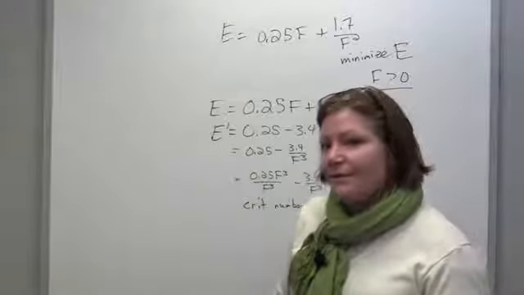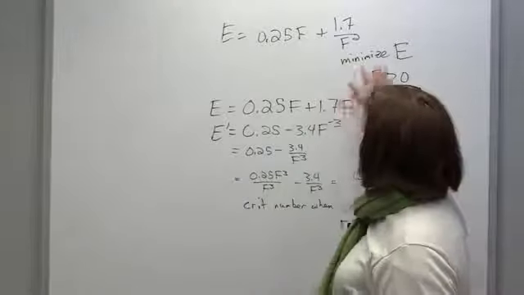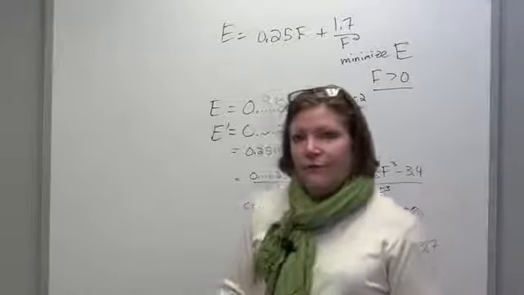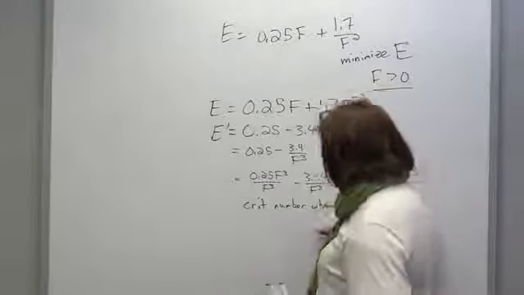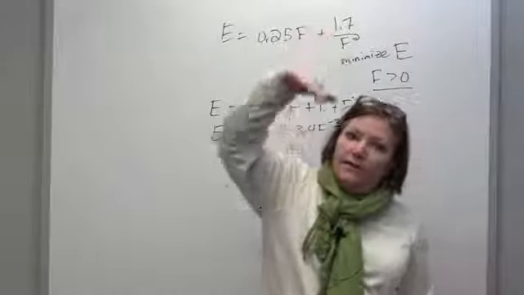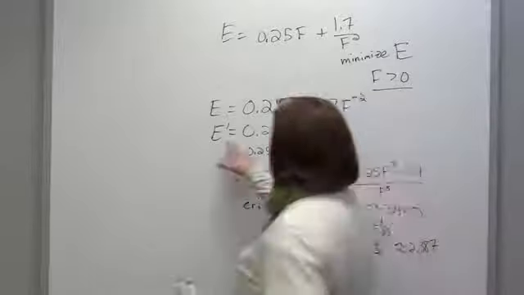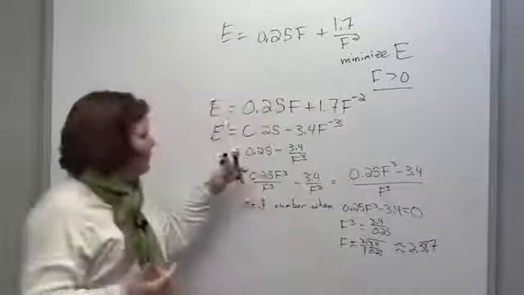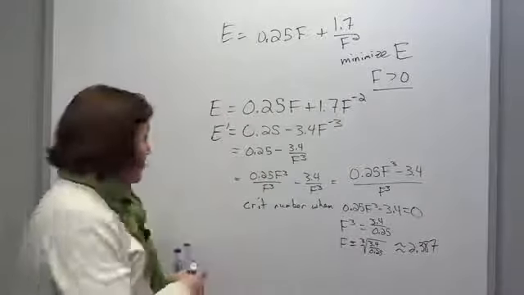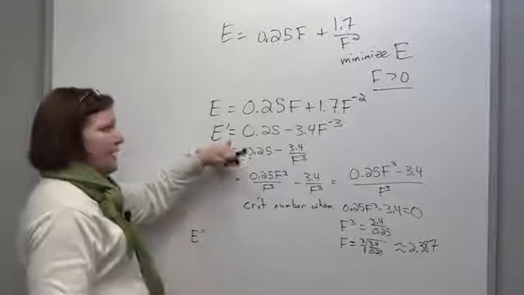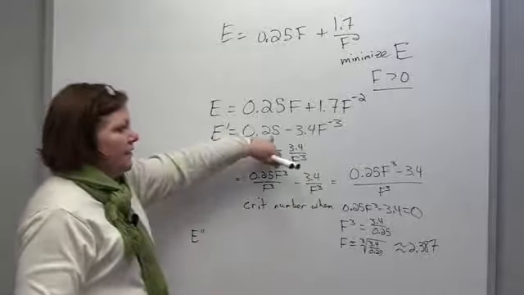We want to know, is this going to give us a minimum energy? One way is to look at the graph and try to figure out, is this a minimum? Did we go from decreasing to increasing? Another way that might be quicker for this particular problem is to use the second derivative test. If we look at the second derivative, this term goes away.